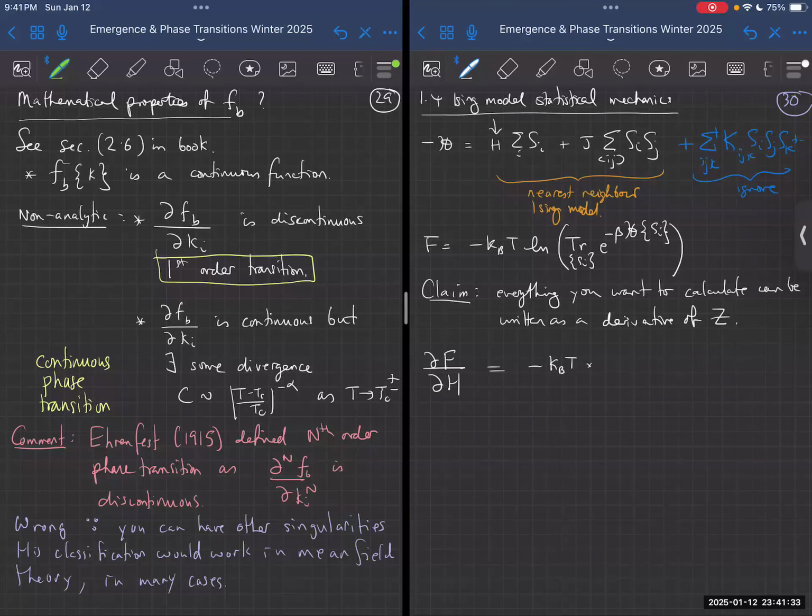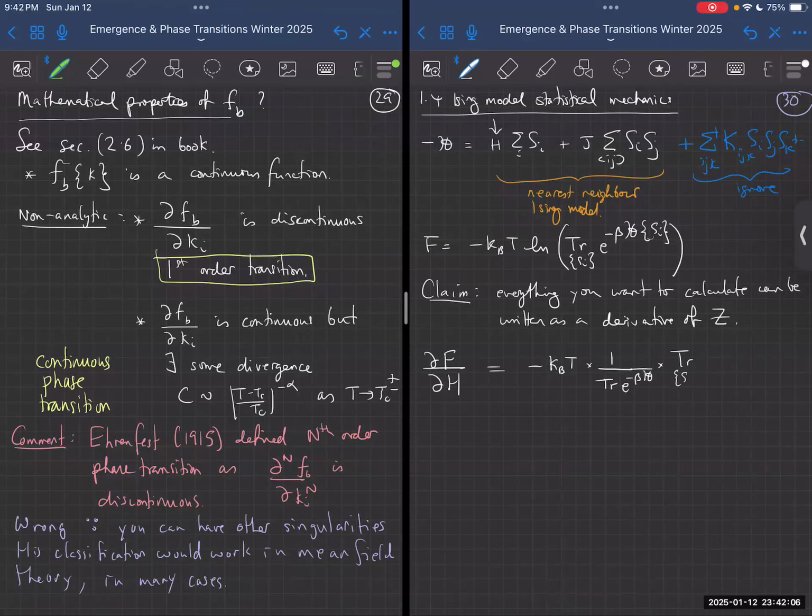Then you're differentiating a logarithm of something, and when you differentiate a logarithm you get 1 over that thing. So then you get 1 over the trace of e to the minus beta H. Then you get the derivative of the thing inside. The derivative d by dh just acts on this term over here. This h sum over s_i is in the middle of this exponential, so when I differentiate, it comes down to the ground level, as it were.